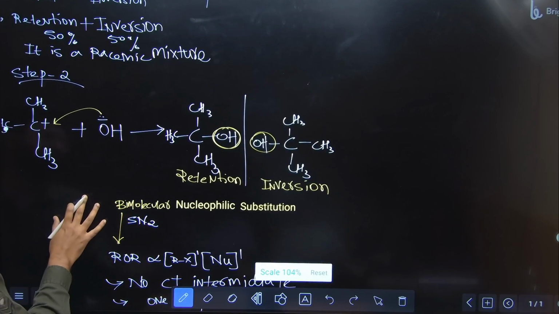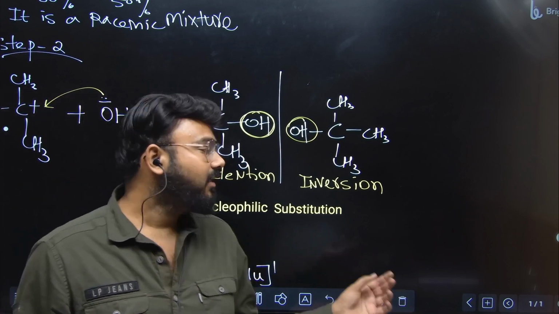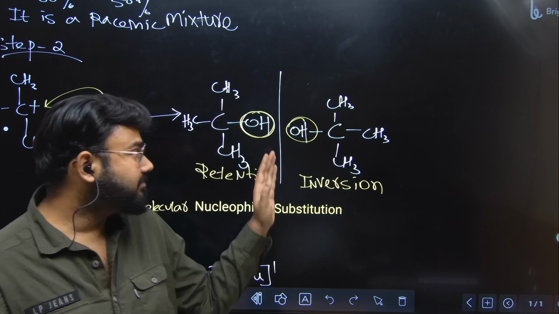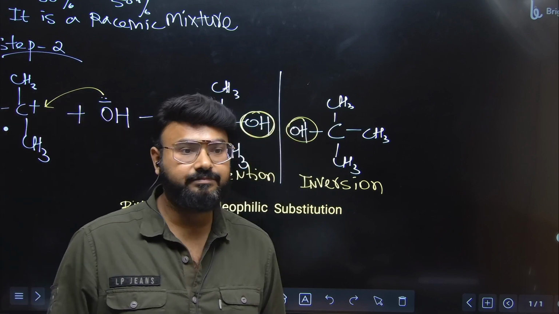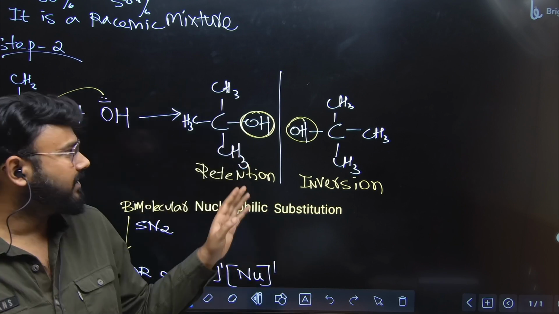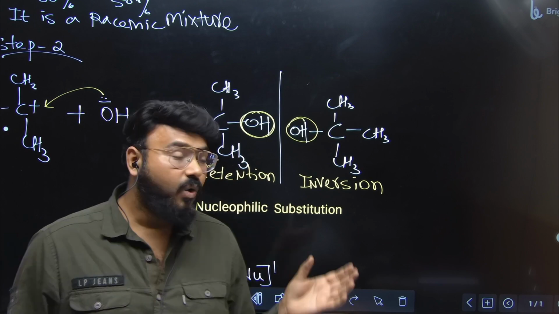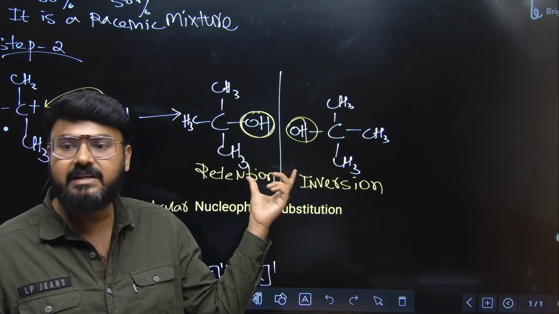So dear students, now understand. If the inversion and retention products are formed, and if they are mirror images of each other, they are optically inactive. So what I'm trying to tell you, when they both are mirror images, like in this case, is it a mirror image or not?